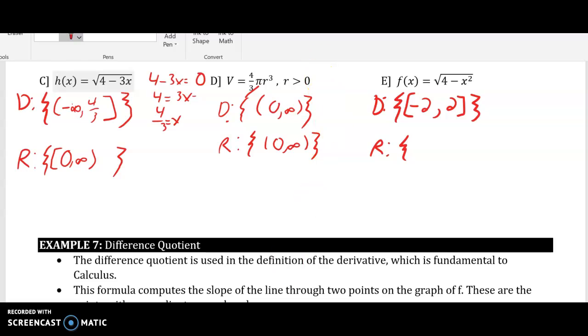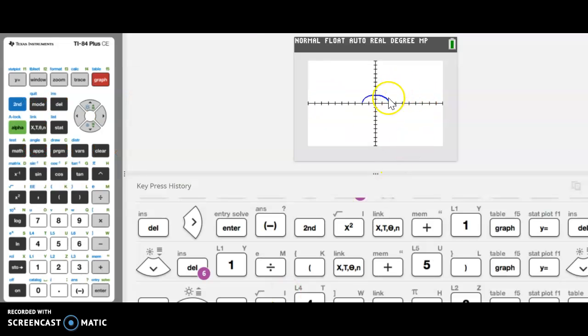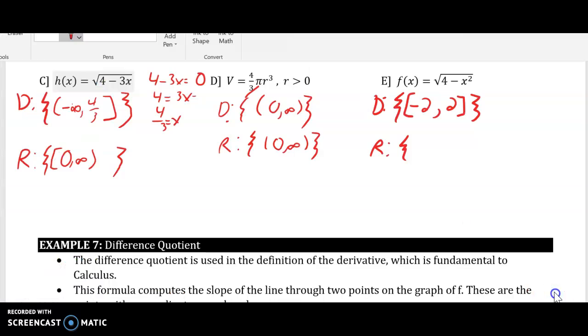Now, range, if I look at my equation, or I'm sorry, my graph, notice it doesn't go down here, does it? And it stops up here. So it looks like it goes from 0 to 2. Okay. Is there a way I can verify whether I can get 0 and 2? Sure. Look at the equation. So we're going to go from 0 to 2.